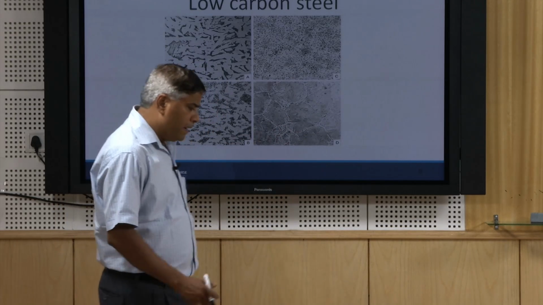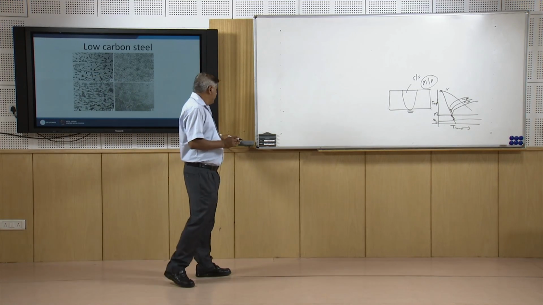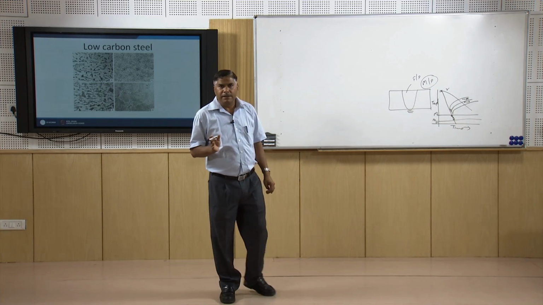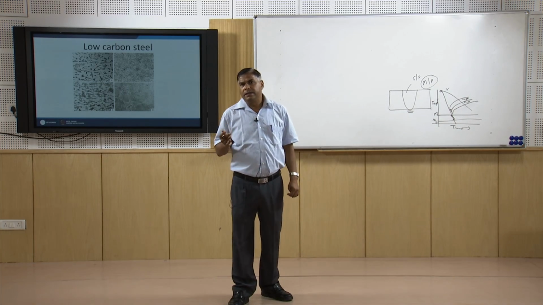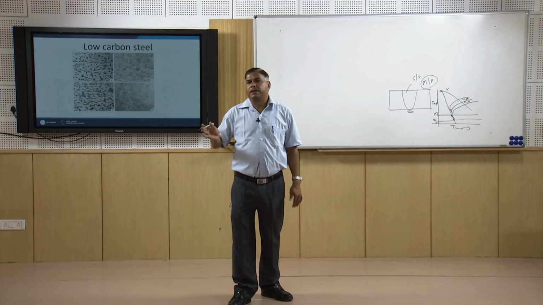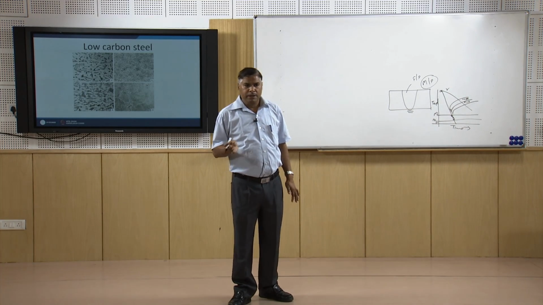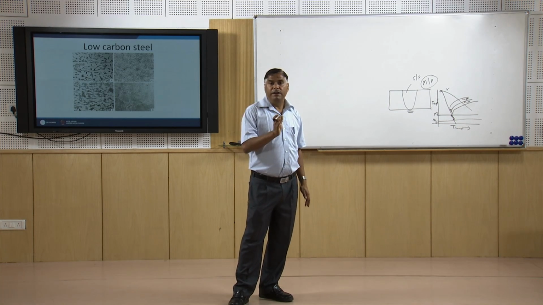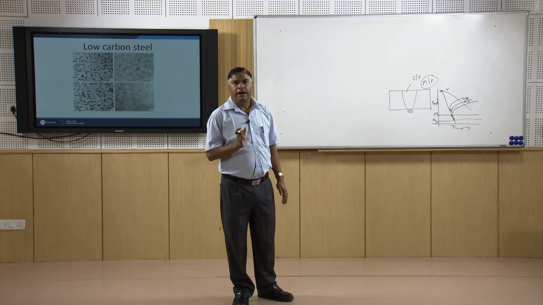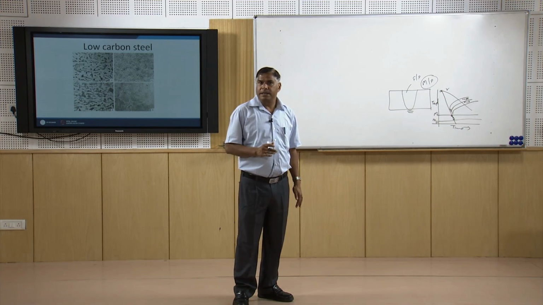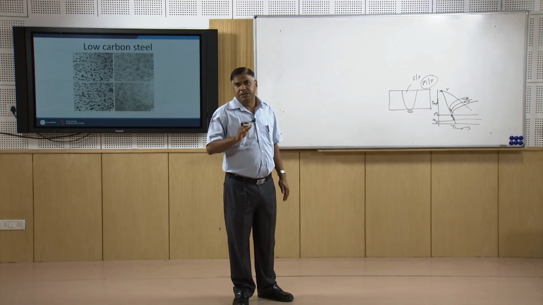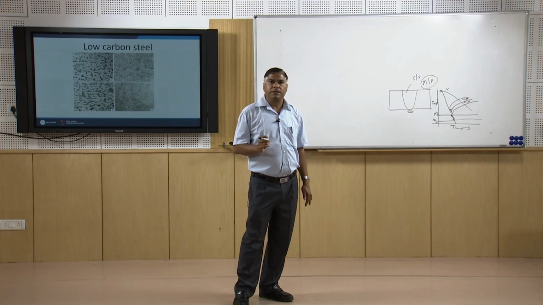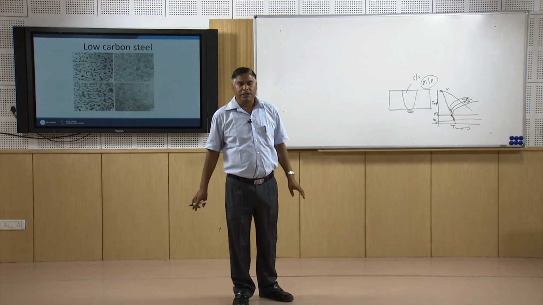So this is how, in the case of carbon steels, the heterogeneity of the weld thermal cycle results in a lot of changes in the structure, ranging from ferrite and pearlite in the base metal, to partially refined pearlite in the partially refined grain zone, and fully refined pearlite in the refined zone, and then coarse martensite is formed next to the fusion boundary, which is heated to a much higher temperature for a longer period. That is why it promotes the martensitic transformation also.